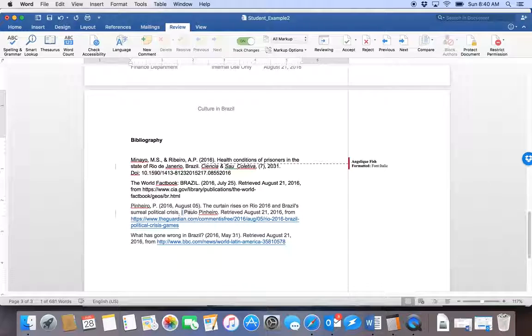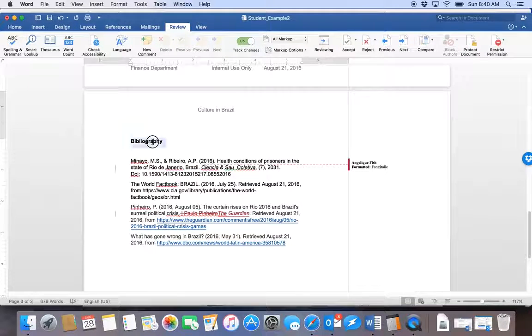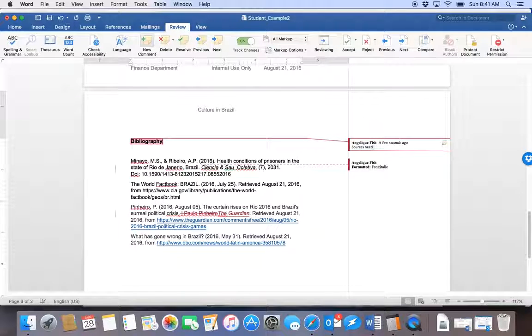We don't need the author's name again. And I'm just going to add in italics, The Guardian. Just like I said, I'll make a note here: sources need to be in alphabetical order.